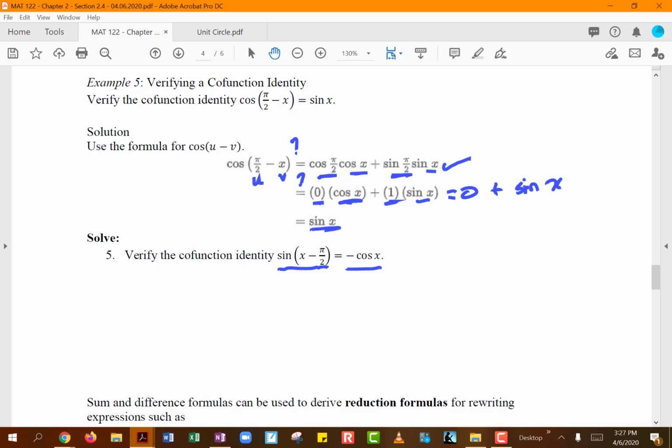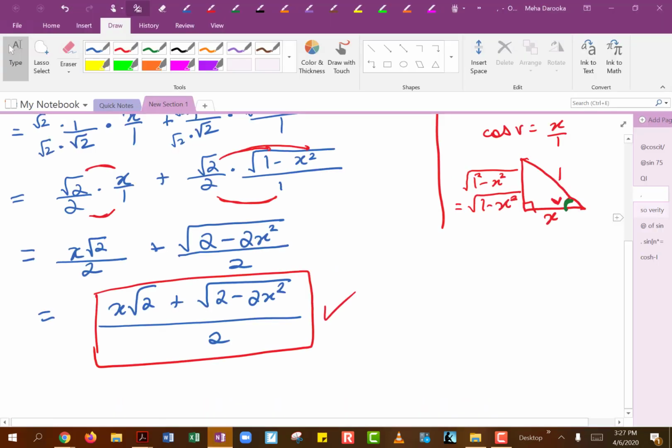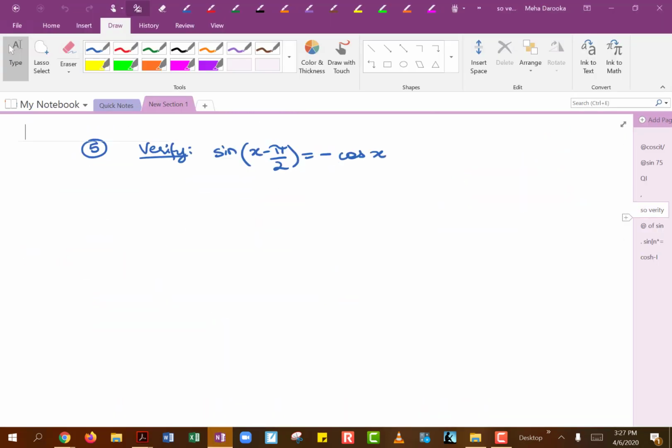Alright, so problem number 5. We are given sine of x minus pi halves, and we have to show it's going to equal negative cosine of x. So let's start on the left hand side. Again, you can think of this as being u minus v format.